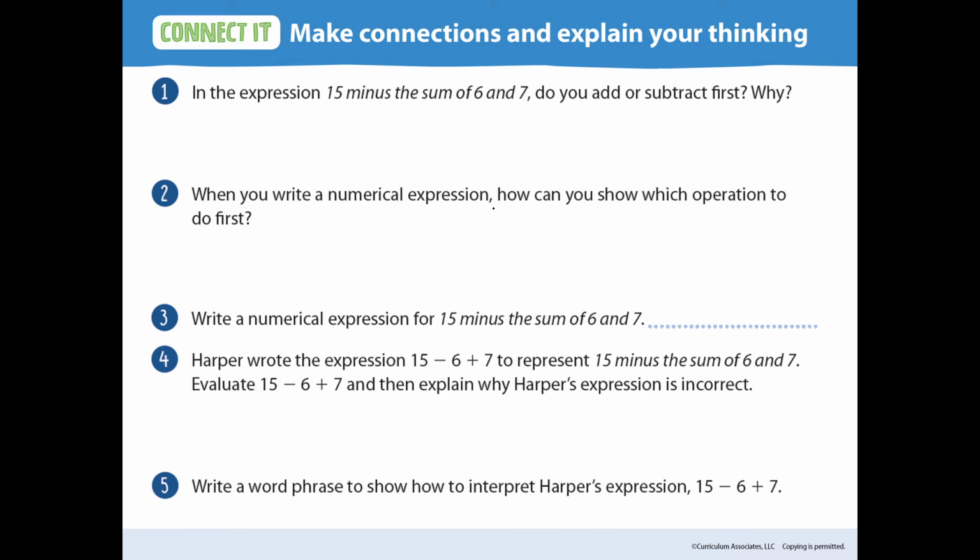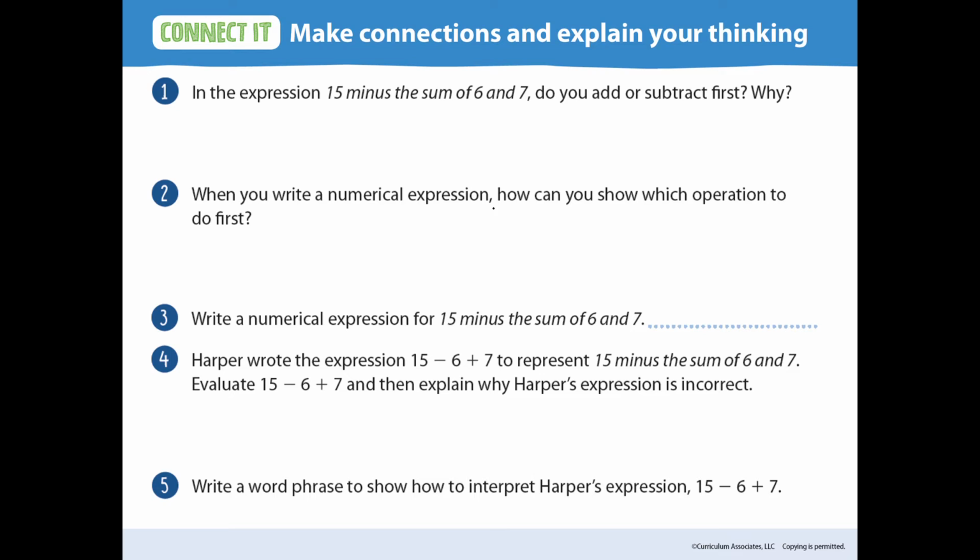Number 1, this is on Connected in your book, page 637. In the expression 15 minus the sum of 6 and 7, do you add or subtract first? And why? You would add first. You need to find the sum of 6 and 7 so that you can subtract that sum from 15.